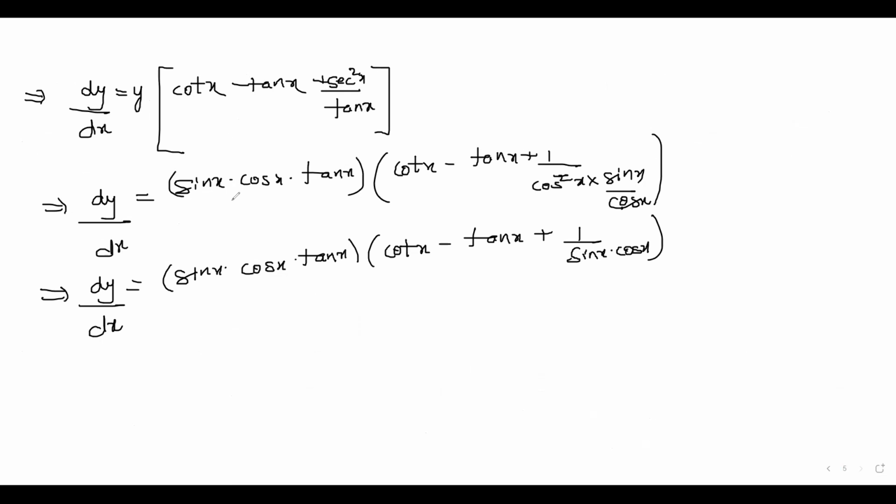Just written the value of y here. And this we have simplified: sec square x and tan x, 1 by cos square into sine x by cos. So we are getting this. Is that the formula, sec square x by tan x? Yes. Sec square is 1 by cos square, and tan is sine by cos.